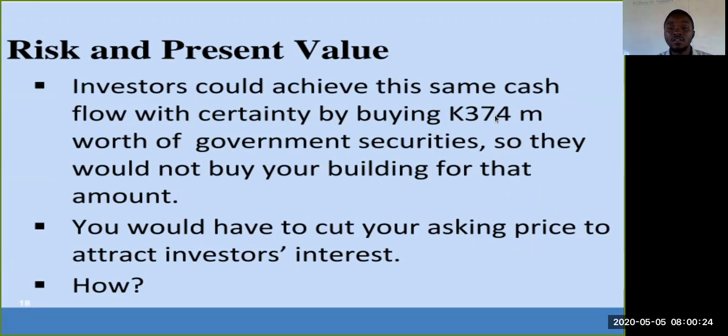Now let us see what would be the present value if we make sure that the interest of selling the office block is equal to the government securities. And then we see that the interest rate has been raised from 7% to 12%. Let us see now what will happen by discounting the 400 million kwacha using 12% as our interest rate.